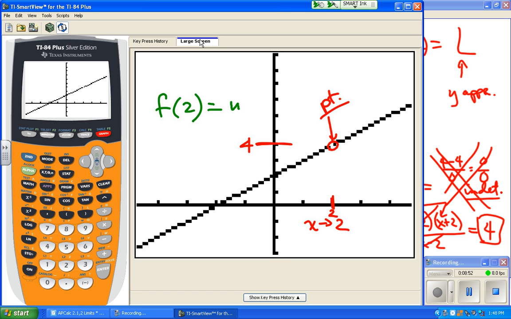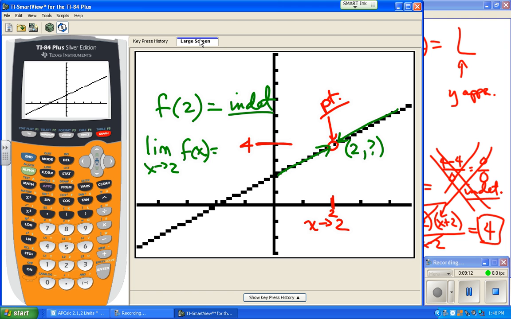F of 2 is indeterminate, but that's not what it asks. It says what's the limit as x approaches 2 of that function. As x approaches 2 from the left side, it looks like it's getting close to this point, and from the right side, it's getting close to that point. So the question is, you guessed it, what's the point?